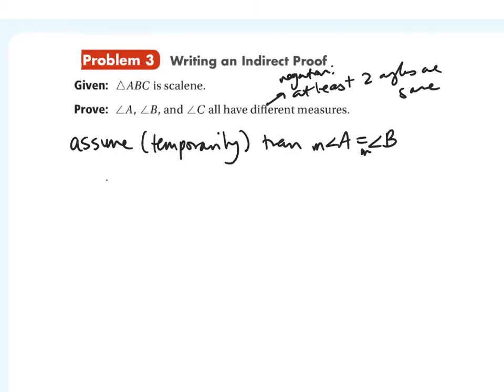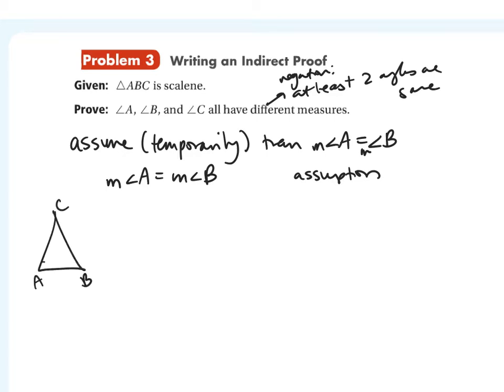Okay, so let's say this is measure of angle A equals measure of angle B. That's our assumption. Then, in our triangle, if angle A was equal to angle B, then AC has to be congruent to BC by the converse of the isosceles triangle theorem.